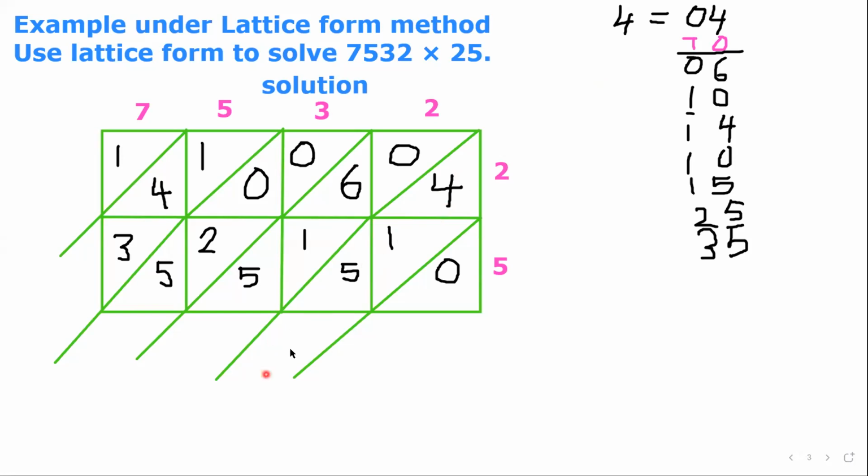These are the diagonals. So the first number that you add is the 0, only 0 is in this diagonal. When you come to this side, it's 4, 1 and 5 in this diagonal. Okay, these are the first and second diagonals. The third one here is 0, 6, 1 and 5. You add these diagonal numbers.